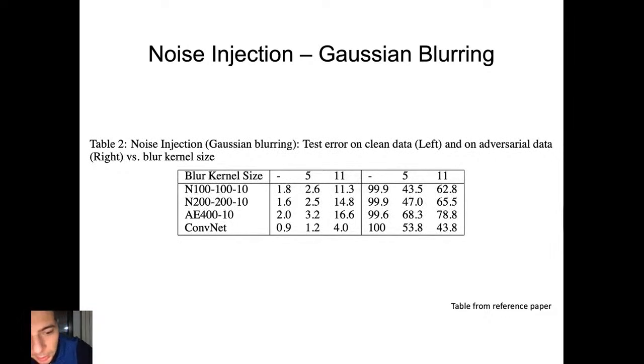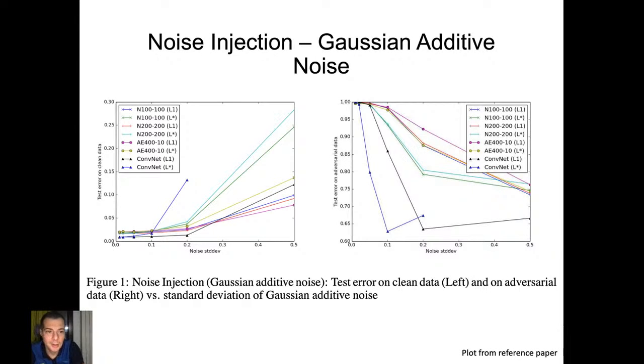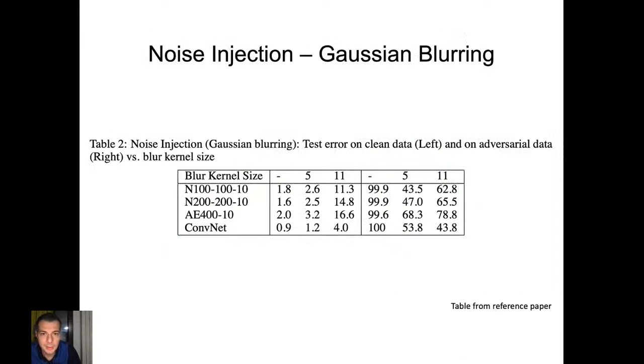Okay, so the idea was, if we have these images and we add noise, we can improve the results. Maybe if we also add Gaussian blurring, it might also improve the results.